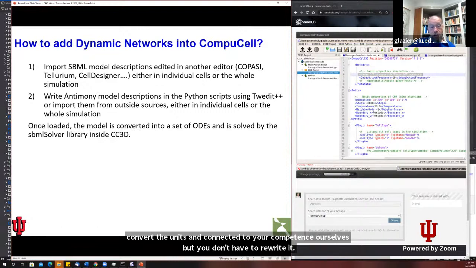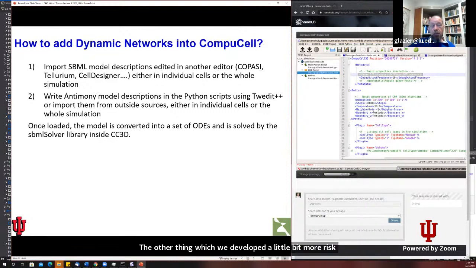The other thing, which we developed a little bit more recently and which is what we'll use mostly, is the language Antimony, which is a nice text-based language, a very simple way to describe chemical reactions inside of cells, and can be edited using Twedit. It's designed to be read by human beings. And so you have the option of importing SBML or Antimony, or typing Antimony in Twedit.